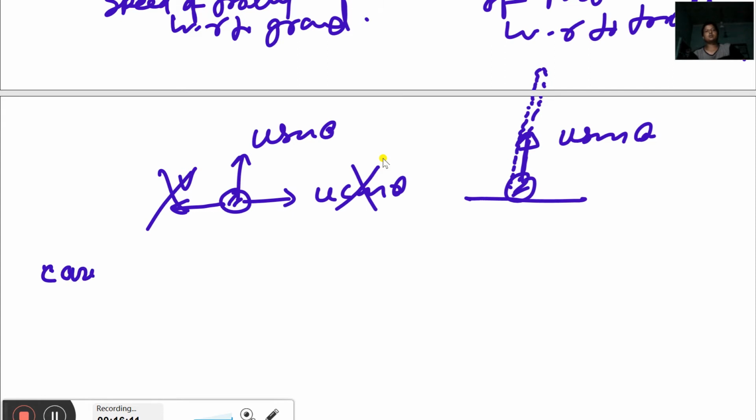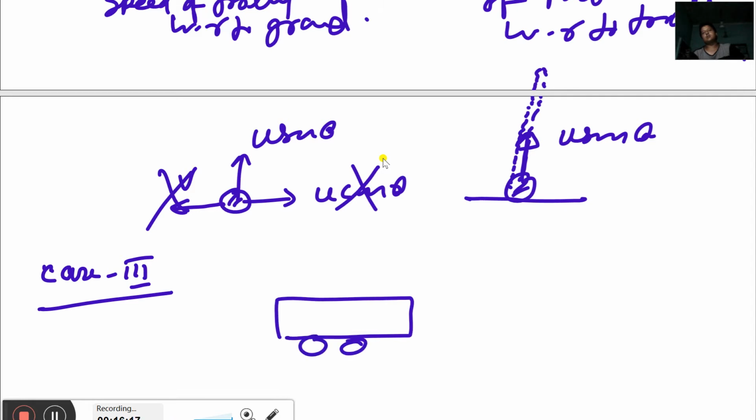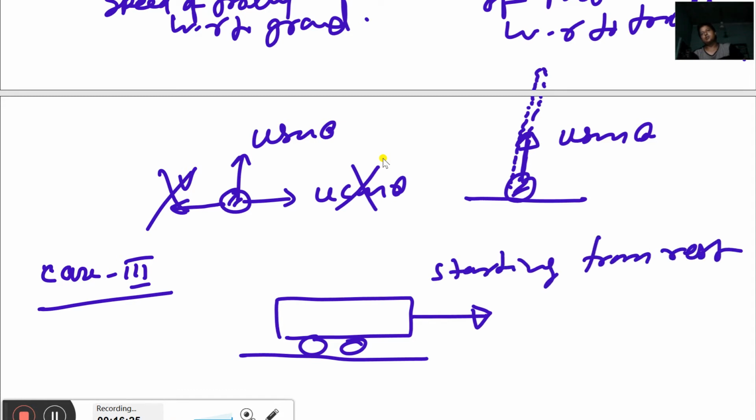Third case, suppose trolley is accelerating, starting from rest and has an acceleration of a. A man throws a ball at a speed u at an angle theta.